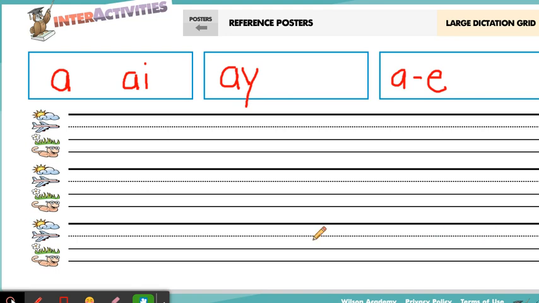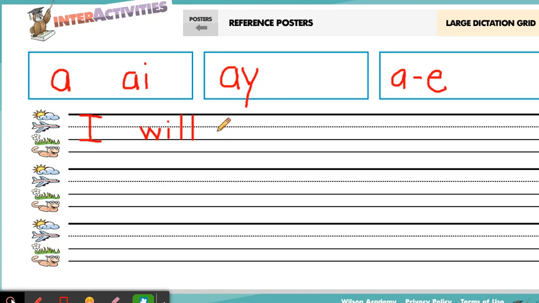Okay, let's check our work. Did you start with a capital I? It starts this sentence and it's also a pronoun. It talks about you. I will, W, I, L, L. There's 2 L's here. I will play.